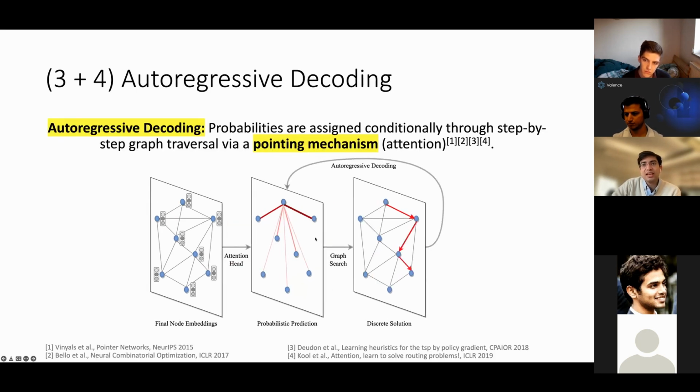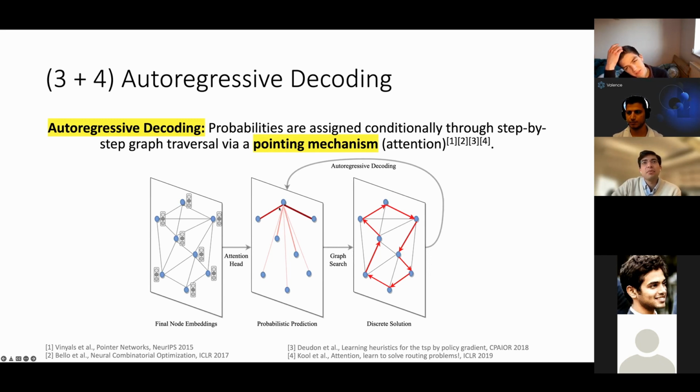So in some sense, you're traversing and predicting at the same time, and you're looping through that. And you come up with a tour eventually as you follow it. Again, you can do a greedy selection at each step of decoding, or you could do beam search as well.